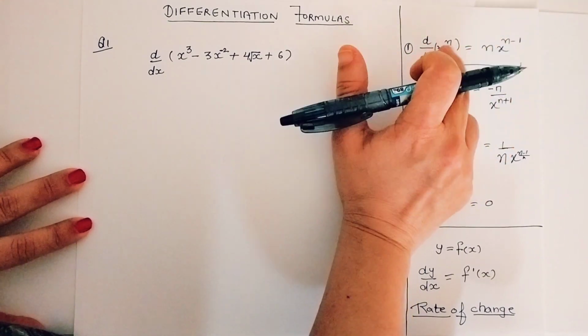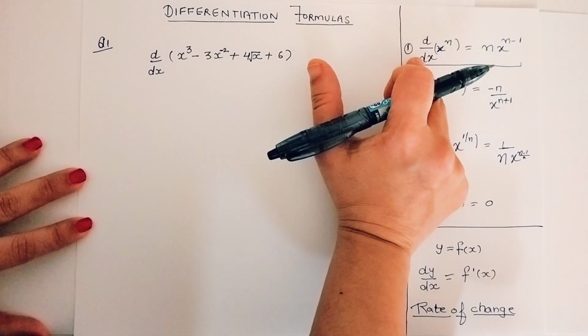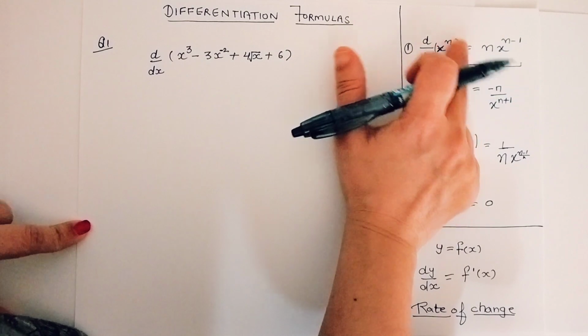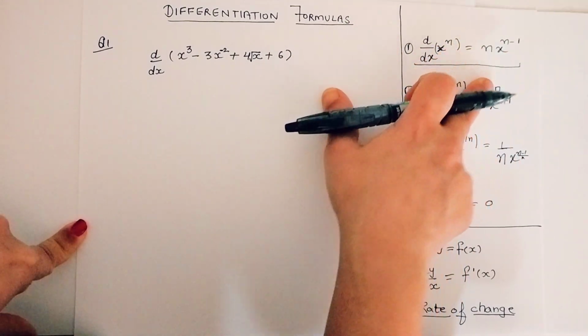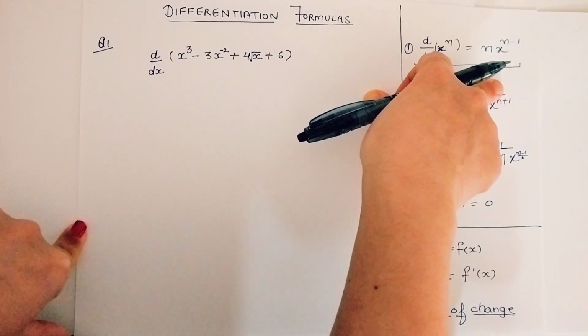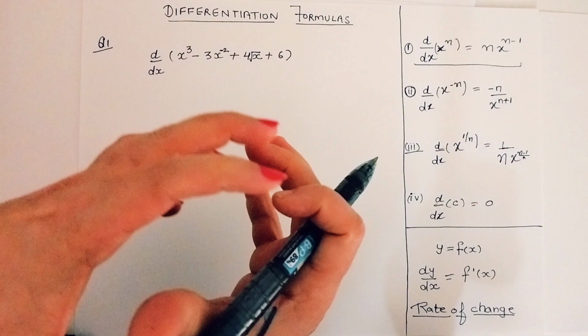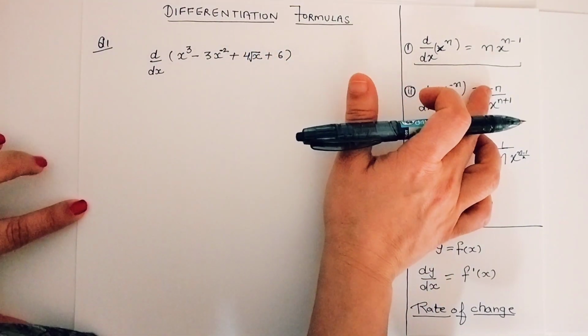Power n minus 1. So we reduced the power by 1, and we took n here. So we are reducing the power. One point: integration is where we combine things and make unity, and this is differentiation, where we are reducing things.